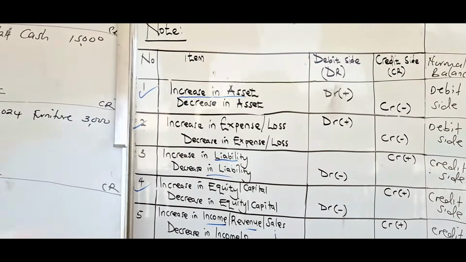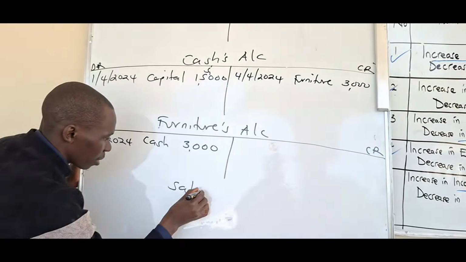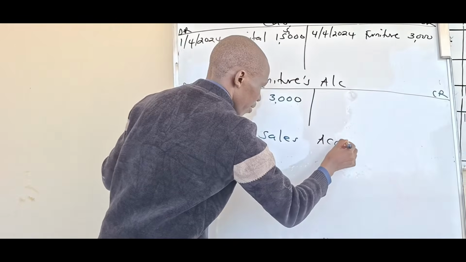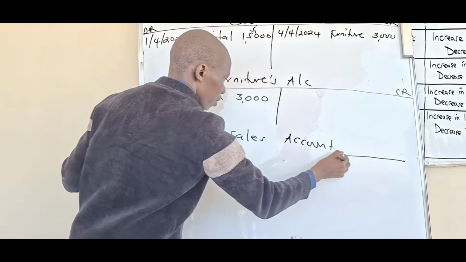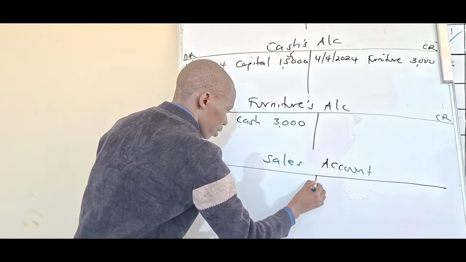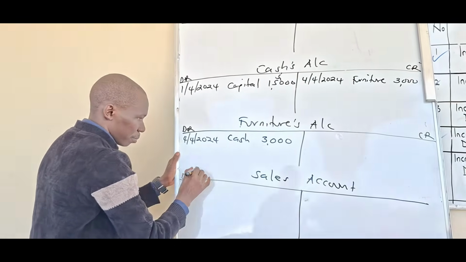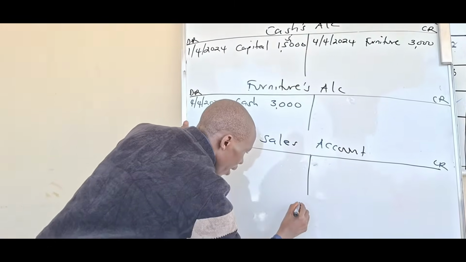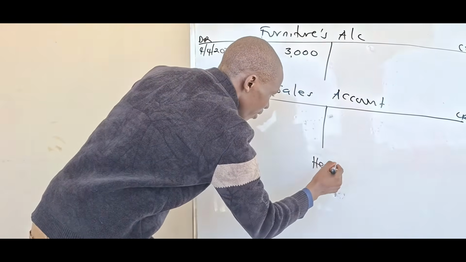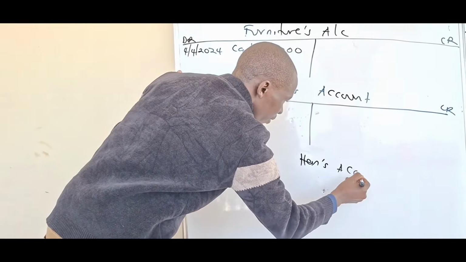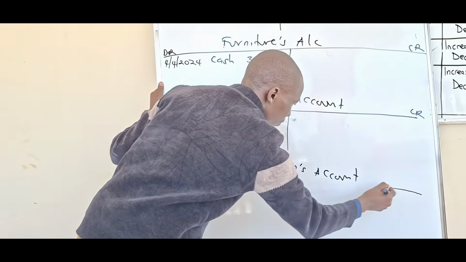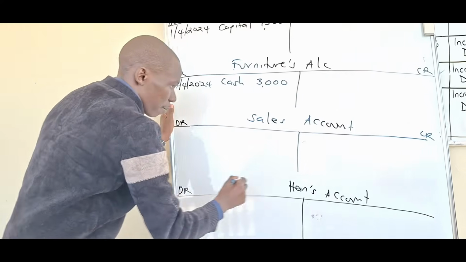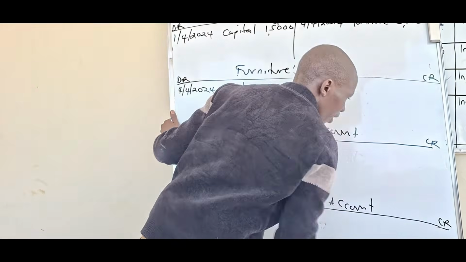Come here and create the sales account, and we shall create Hana's account. Put the debit and you put credit.